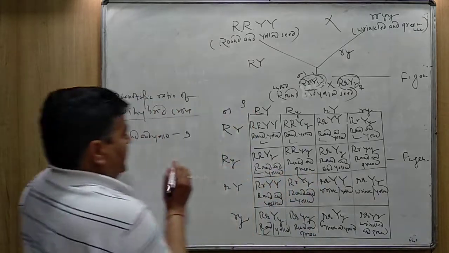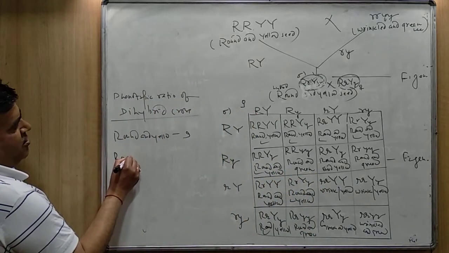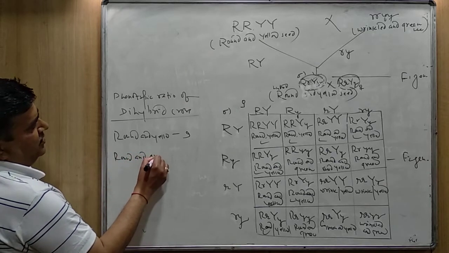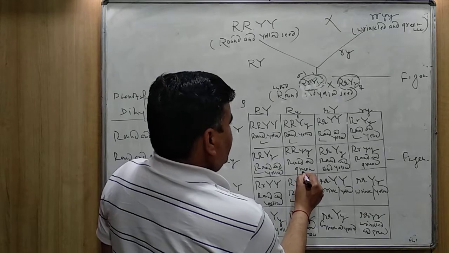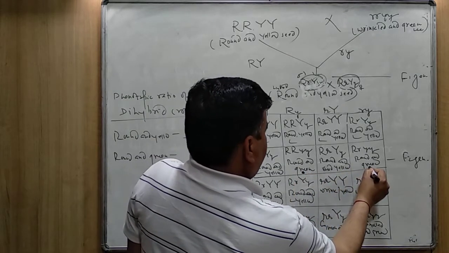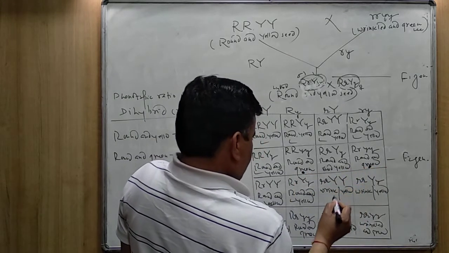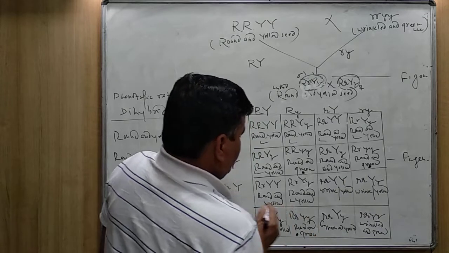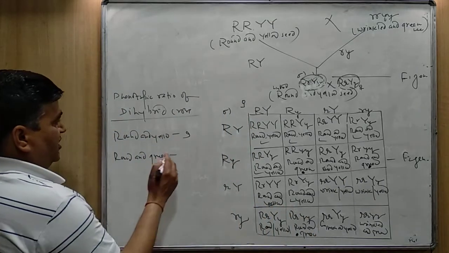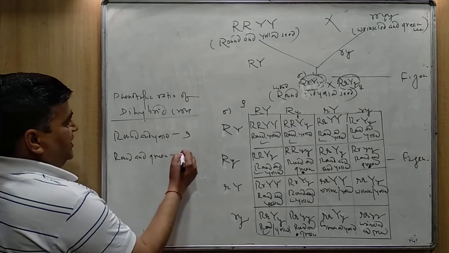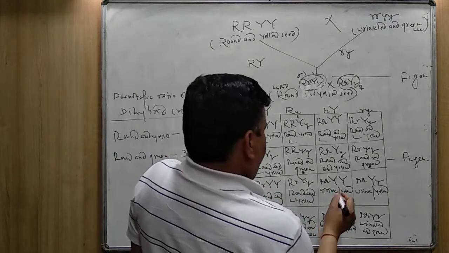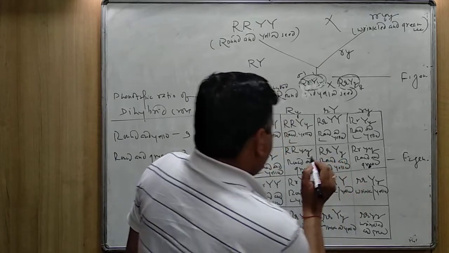This is round and green. Round and green. Let us see. Round and green. This one. Round and green. This one. Round and green. So 3 plants are having the seeds which are round and green. Then wrinkled and yellow.